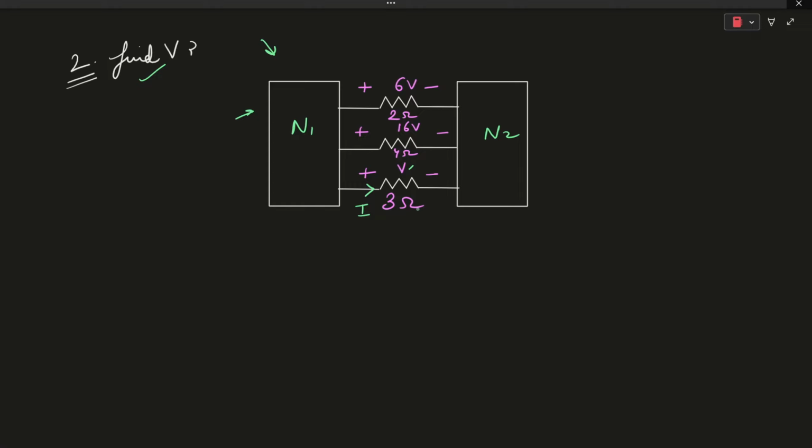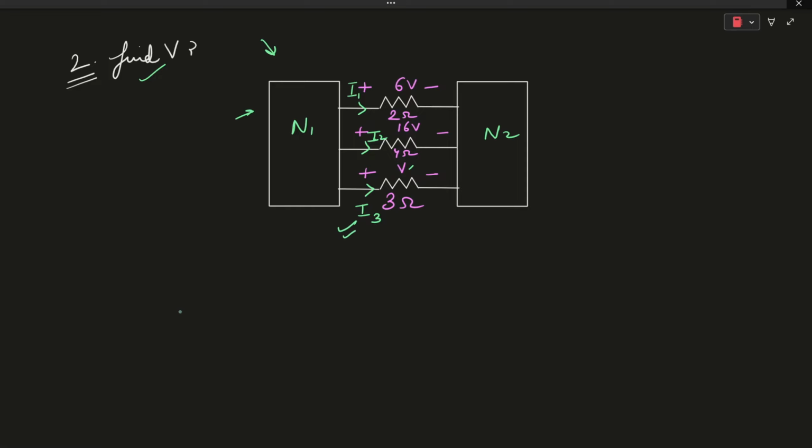Let's say the current flowing from the 2 ohm resistance is I1, the current flowing from the 4 ohm resistor is I2, and similarly the current flowing from the 3 ohm resistor is I3. In order to find the value of V, we first need to find the value of I3.